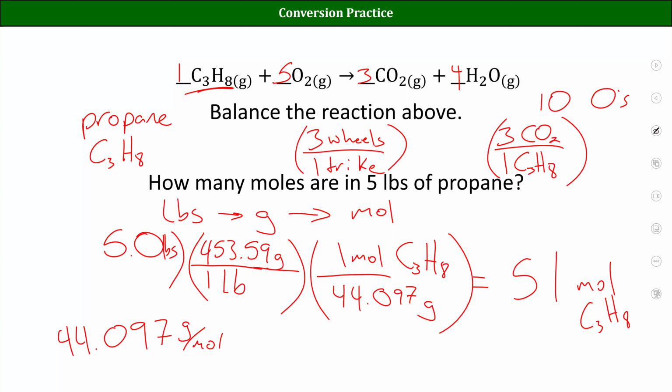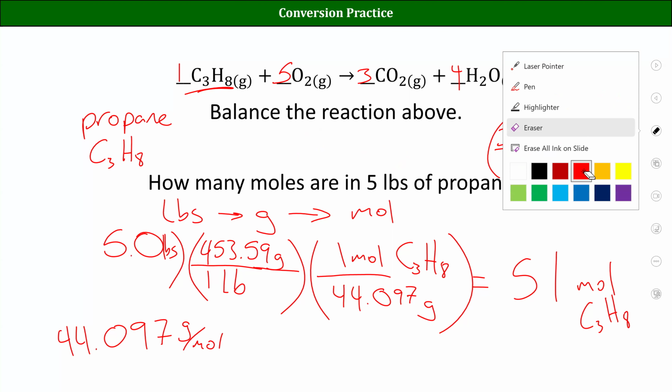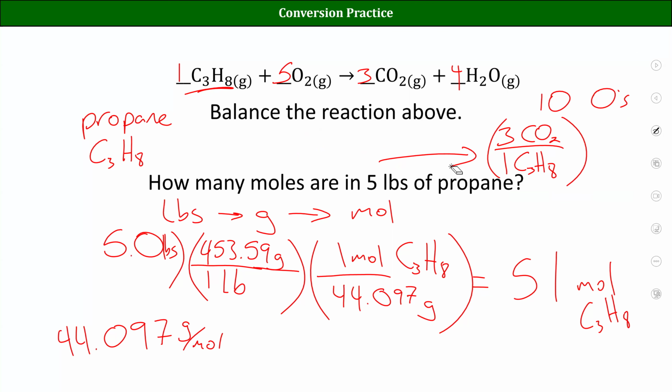That idea of using the coefficients as a conversion factor has a big scary chemical name called stoichiometry.